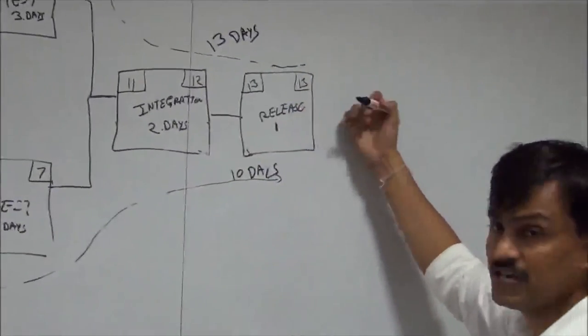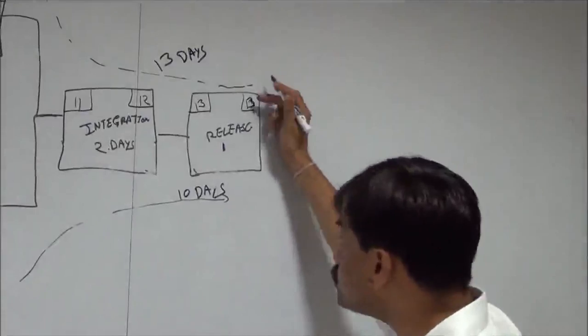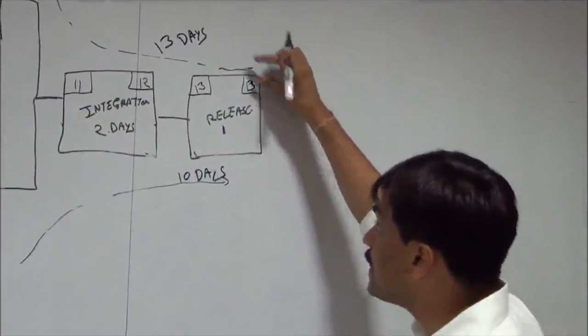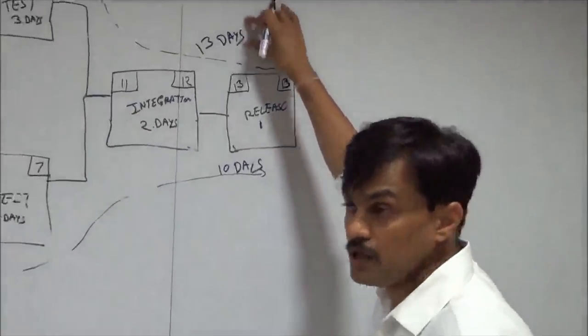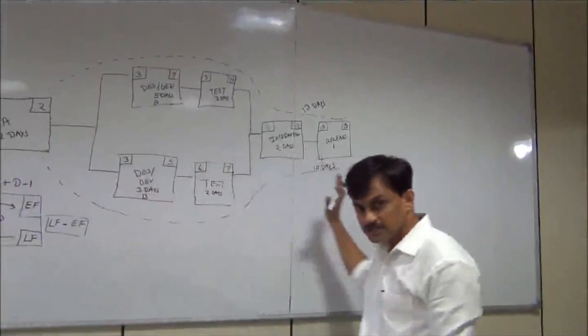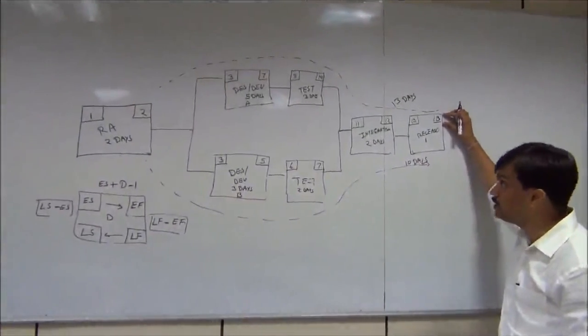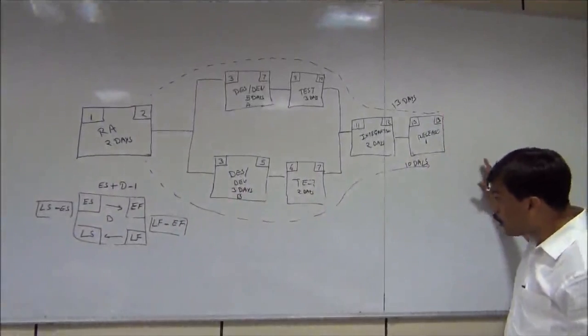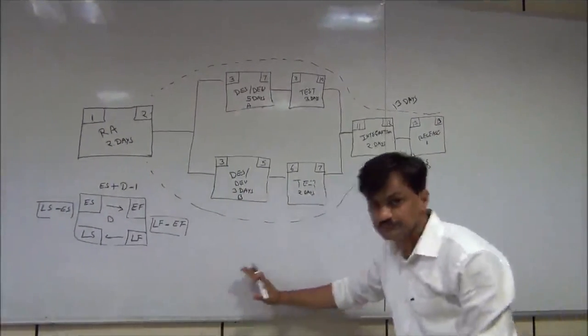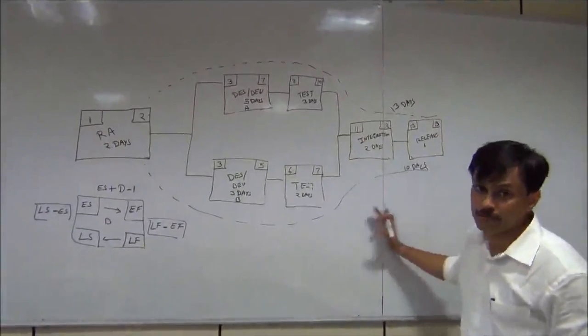So 13 plus 1 minus 1 is equal to 13. You see that the 13 matches your critical path duration. So by doing a forward pass, you identify the critical path duration, and in order to identify the float, we need to do a backward pass.